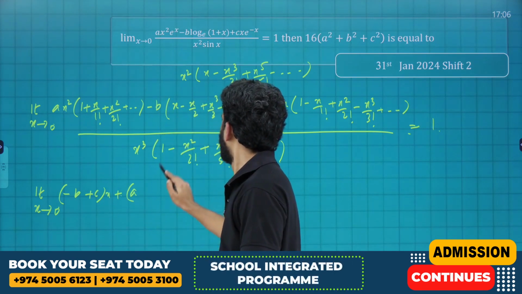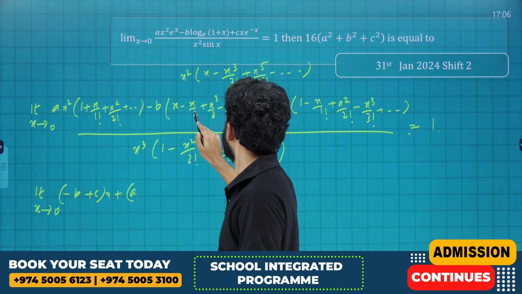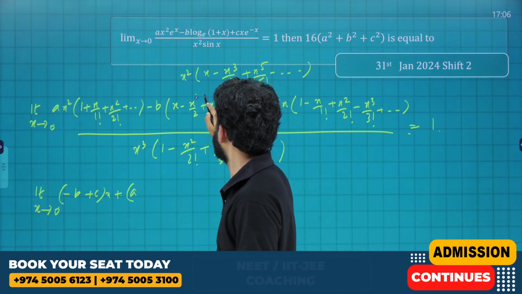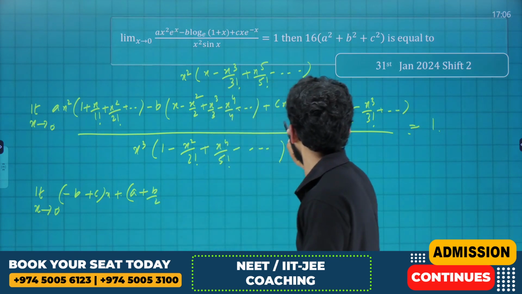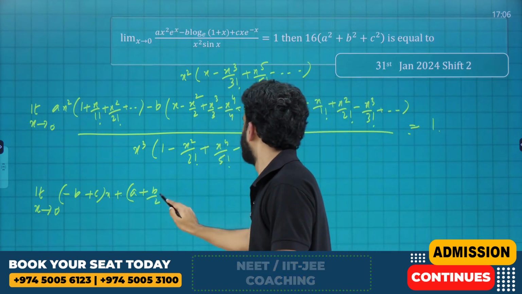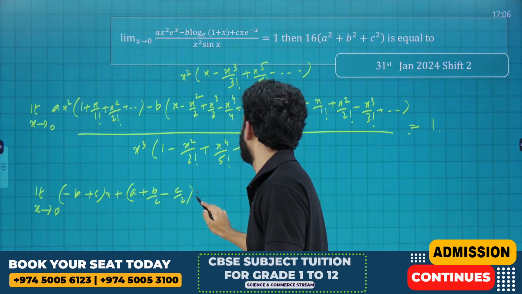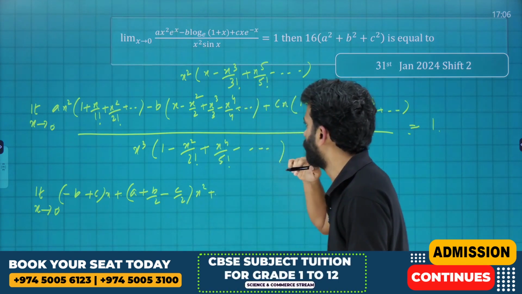It will be a, this is x minus x square by 2, that is a plus b by 2 and minus c by 2 into x square plus x cube.